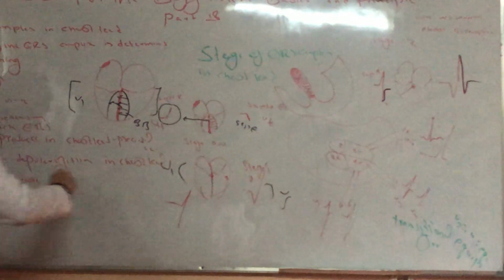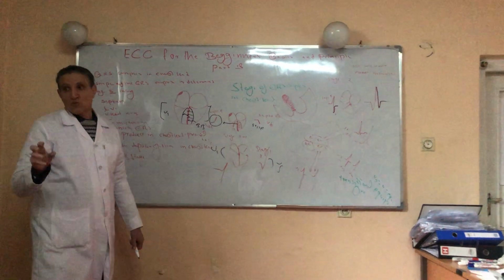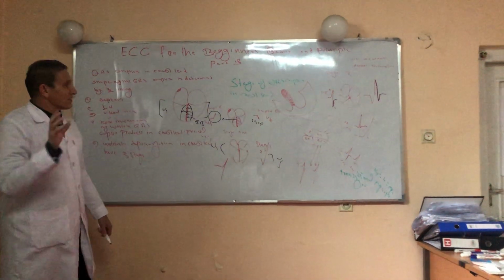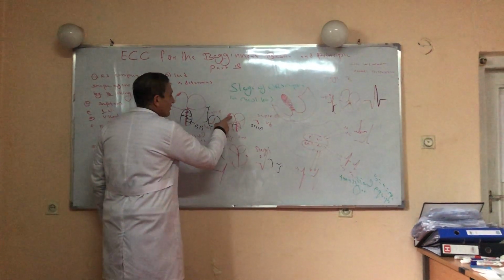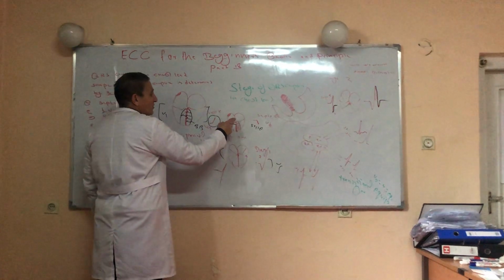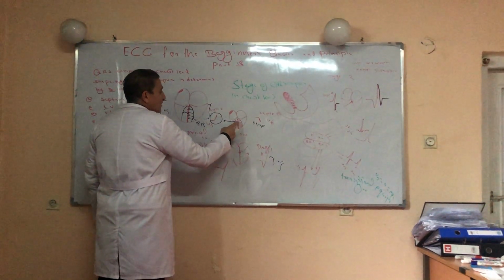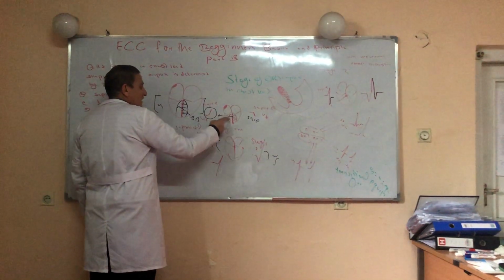Now again we will repeat. The QRS complex in the chest lead is quite different in shape and morphology from the limb leads. Right now we will start from the SA node. The electrical impulse is generated from the SA node, comes to the AV node, the Hayes bundle, and the left bundle branch. The left bundle branch depolarizes the septum from down to up and from left to right.